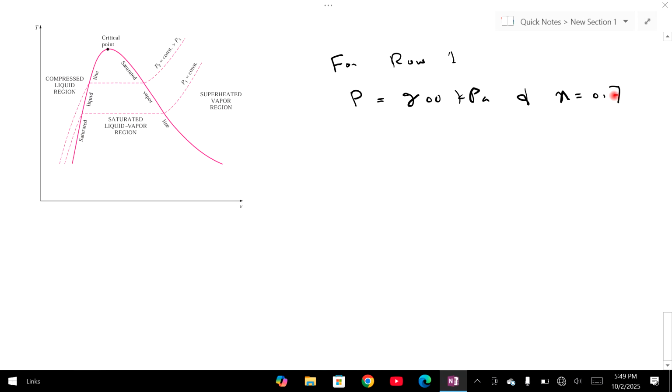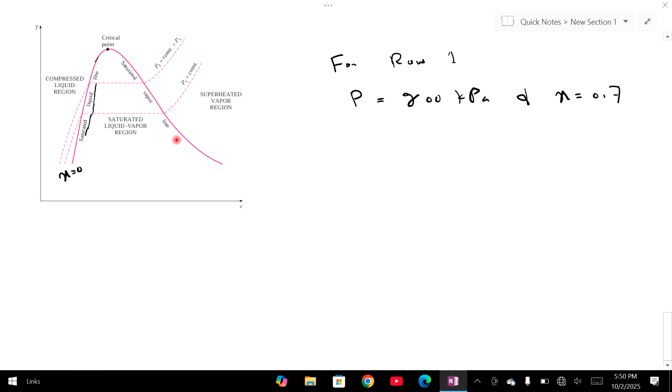First we will find the region. The region is wet, saturated liquid-vapor. This is because the dryness fraction is given, and we know that this line is the saturated liquid line and this line is the saturated vapor line. On the saturated liquid line, x is equal to 0, meaning there is no dryness.